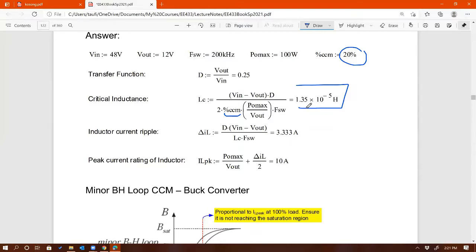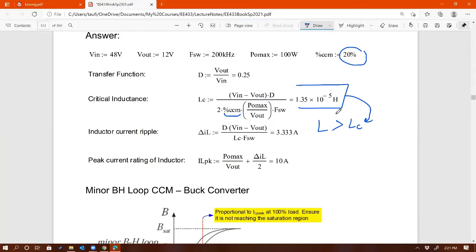So in practice, of course, you then will pick the inductance of the inductor to be larger than LC, larger than this value, right? But for this example, just for the sake of example, I'm going to use the same inductance to determine delta IL.